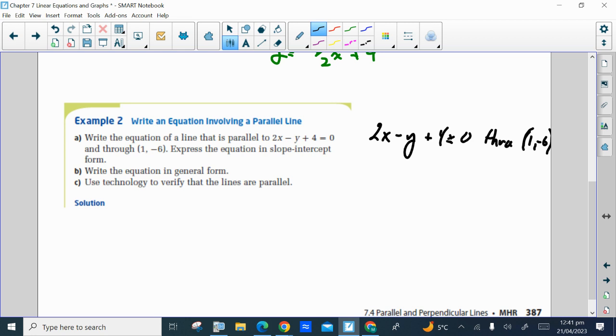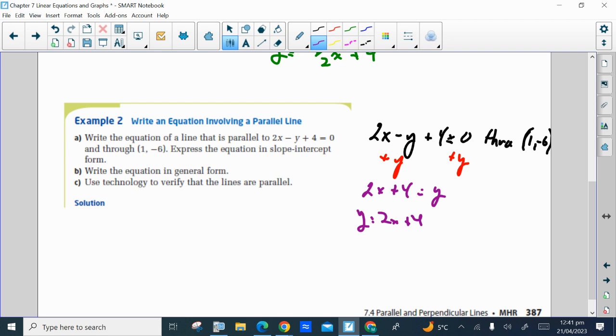Because it's in general form. So what do we need to do? Yeah, we're going to put it in slope-intercept form by getting positive y by itself, and that can be done just by adding y to both sides. So you have 2x plus 4 on the left equaling y on the right, and that's the same thing as y equals 2x plus 4.